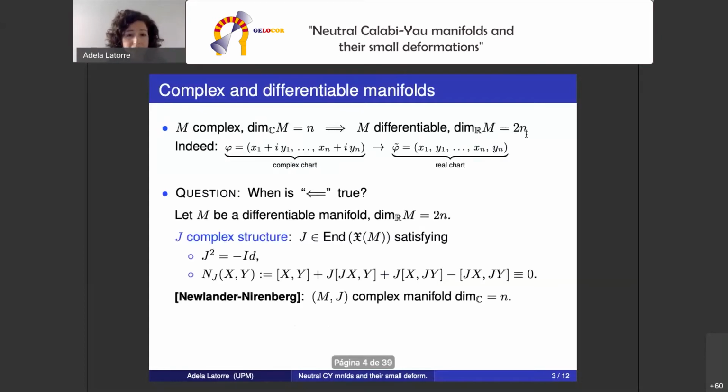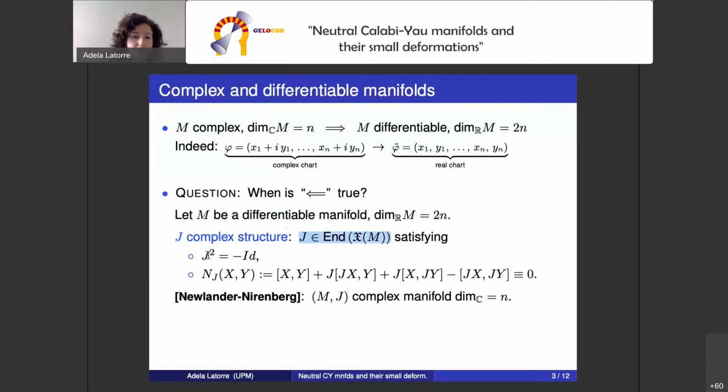So this question was answered by Newlander and Nirenberg, who characterized complex manifolds as pairs (M, J), where M is a differentiable manifold of even dimension, and J is what we call a complex structure. A complex structure is just an endomorphism on the space of smooth vector fields on the manifold, satisfying two conditions.